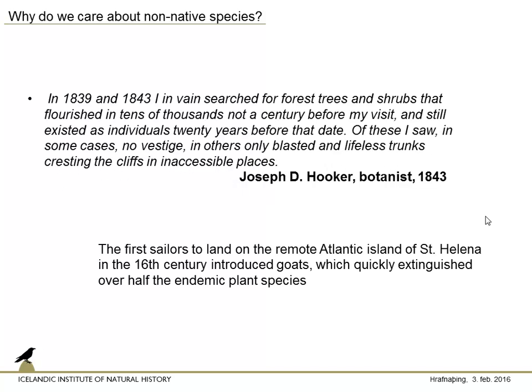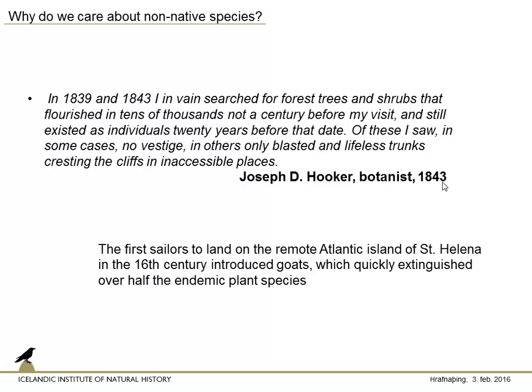Another example is an account by the botanist Joseph D. Hooker, who in 1843 went to the island of St. Helena, and he wrote that in 1839 and 1843 I in vain searched for forest trees and shrubs that flourished in tens of thousands not a century before my visit, and still existed as individuals 20 years before that date.